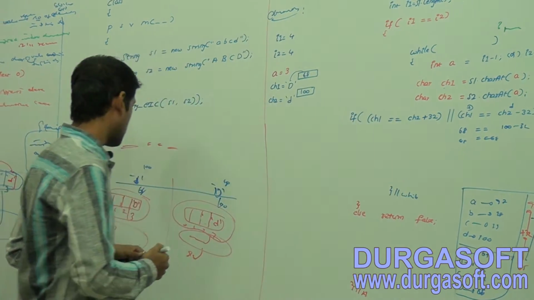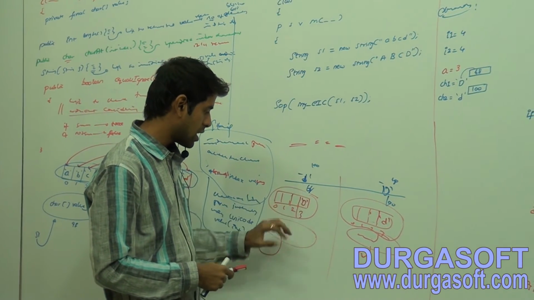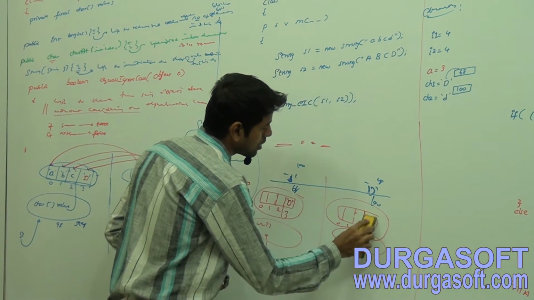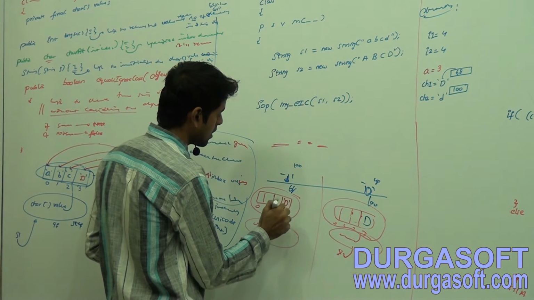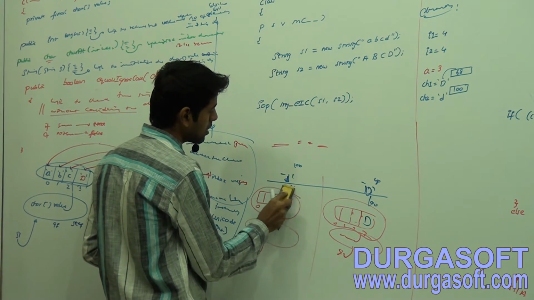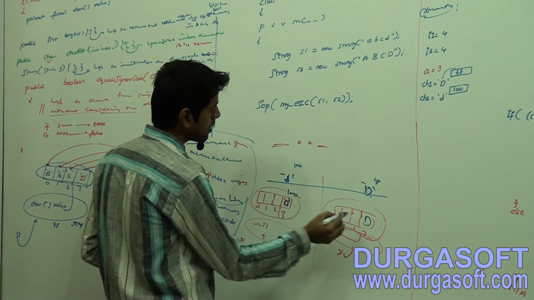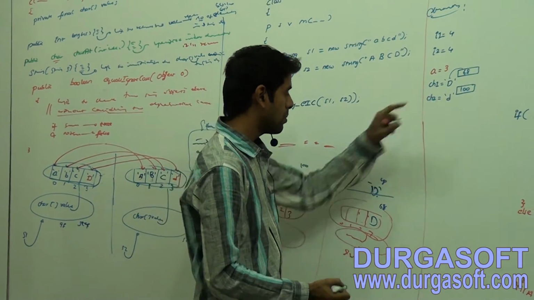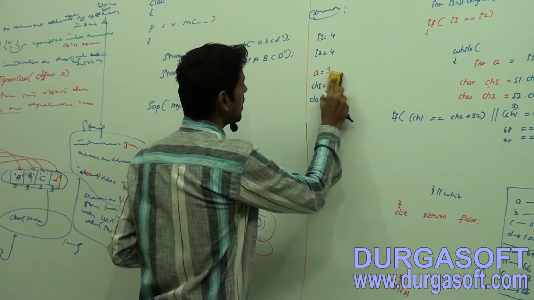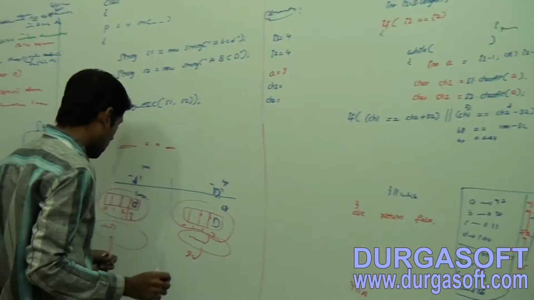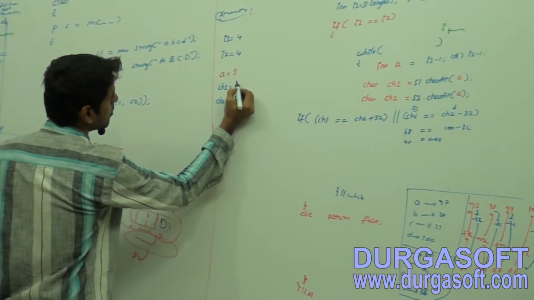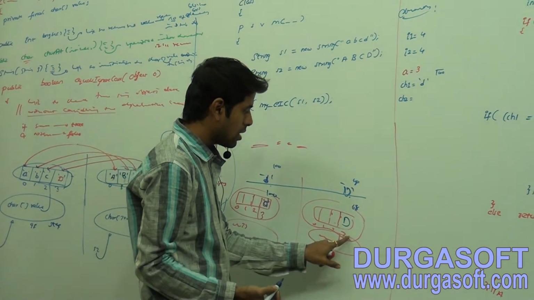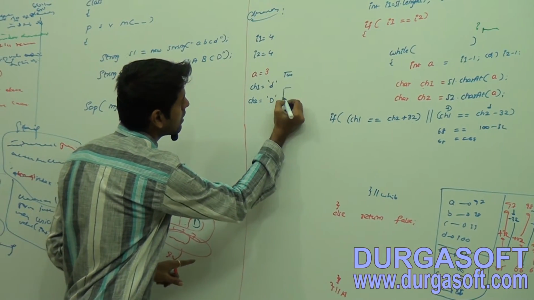Now observe here. If you have small d in S1 at the third index, and in S2 at the third index you have capital D, what are the values? 100 and 68. S1 dot charAt of 3 is small d, internally 100. S2 dot charAt of 3 is capital D, internally 68.